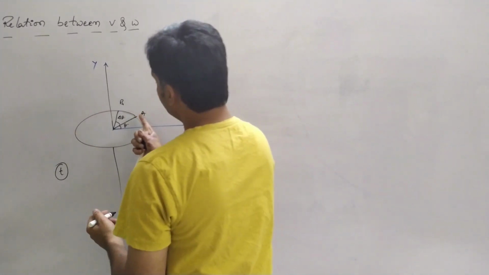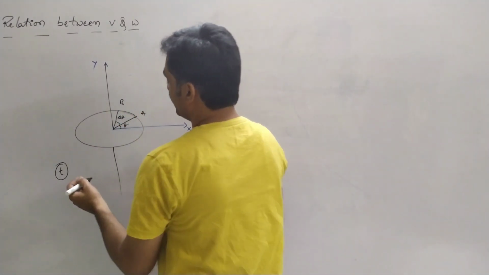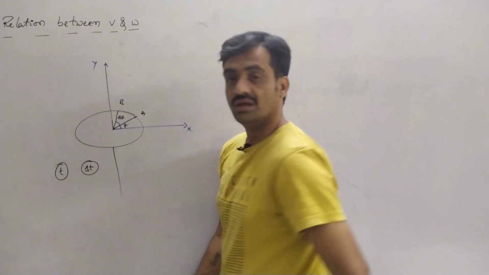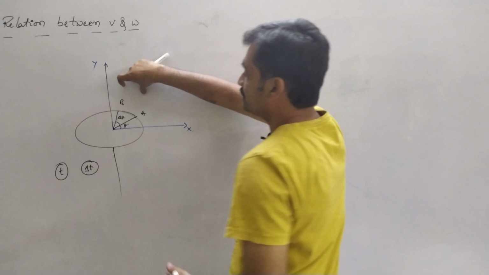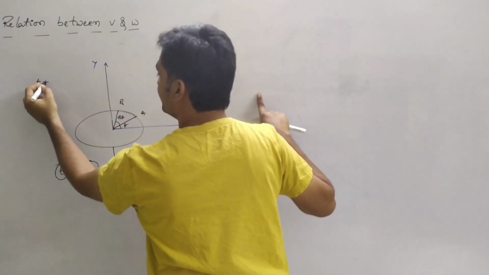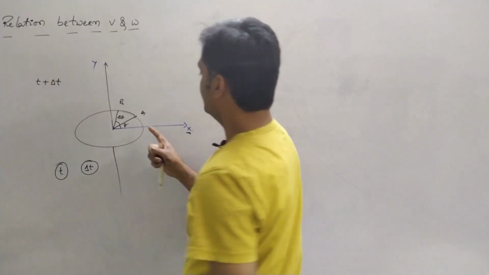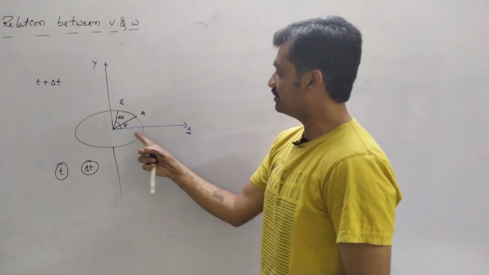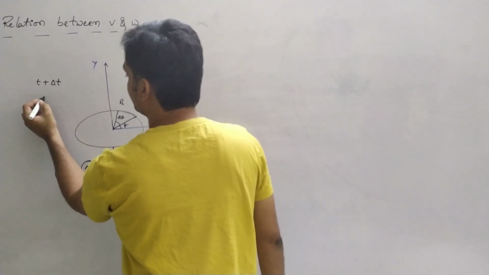So the time taken by the body to change this angular displacement is delta t. Now at point B, the total time taken by the body to move from the x-axis is t plus delta t, whereas in order to reach the point A, the time taken by the body to move from the x-axis is t.